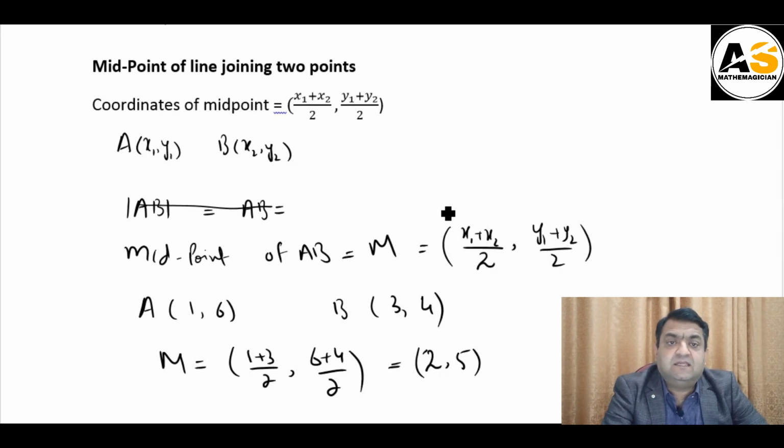What is the relationship between gradients of parallel lines and perpendicular lines? And how do we check the collinearity of 3 points with the help of gradient? Today we learned a few further formulae, distance between 2 points and midpoint of 2 points.